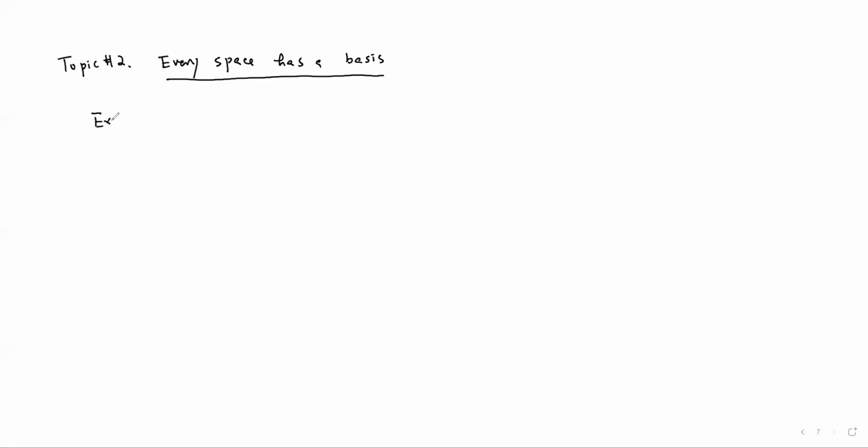Example 1 under topic 2. Let V1 be (1, 0), a 2-dimensional vector. V2 be (0, 1). V3 be (-1, 1).